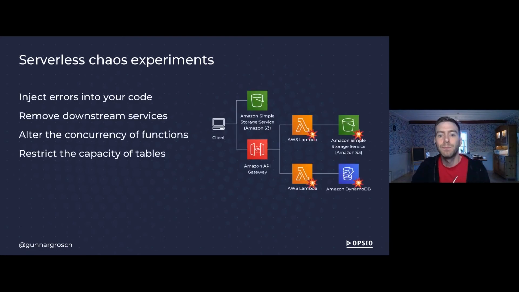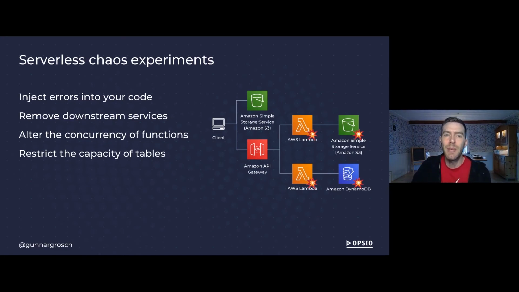Okay, so let's look at some practical serverless chaos experiments we can do. This is a simple architecture, a web service using an API with a couple of Lambda functions using DynamoDB and objects stored in S3.